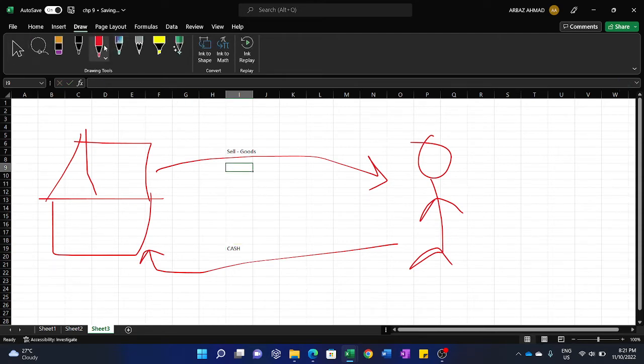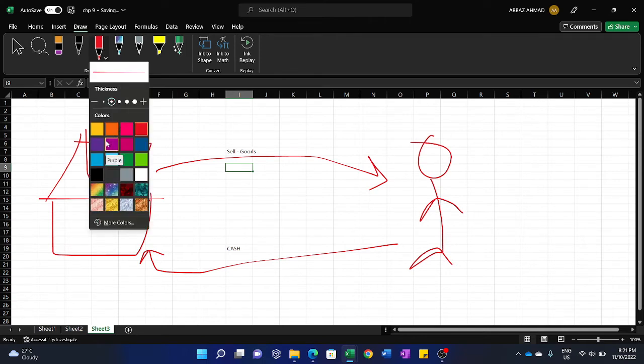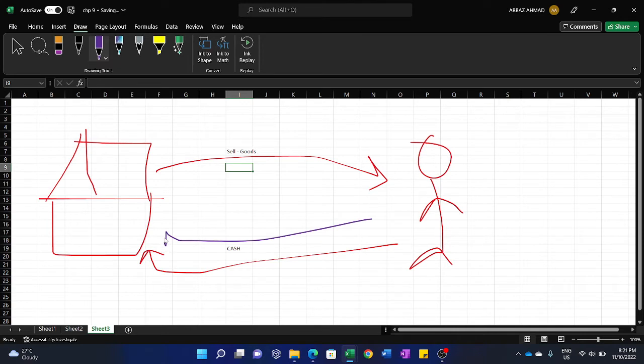But let's say, I change the color perhaps, he wants to return these goods. How does he do that? In order to return the goods, he will request you whether he can return or not.